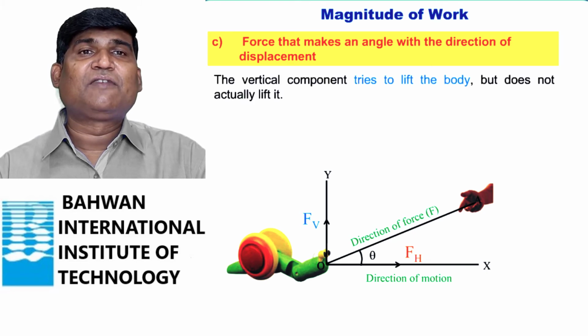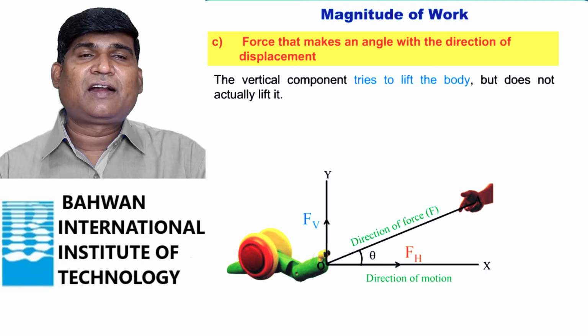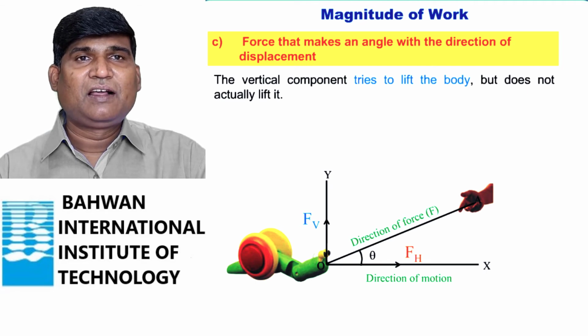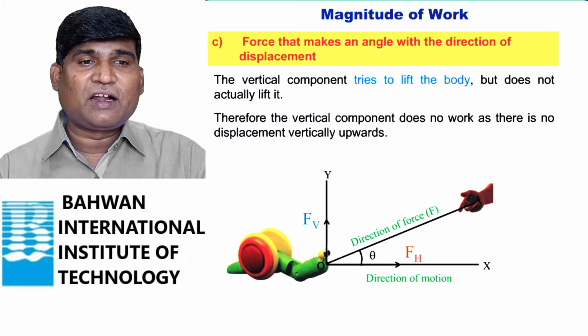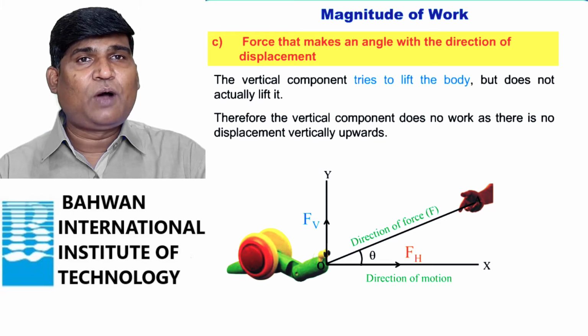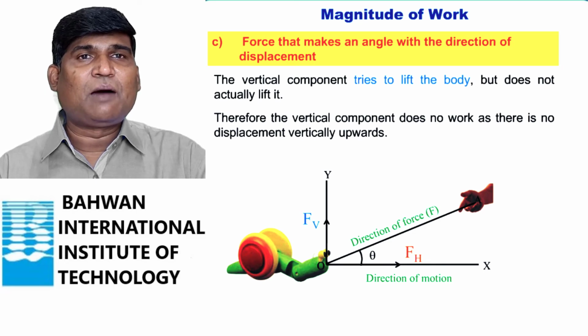The vertical component tries to lift the body, but it is not able to lift the body. That's why work done by the vertical component is 0. There is no work done by the vertical component.